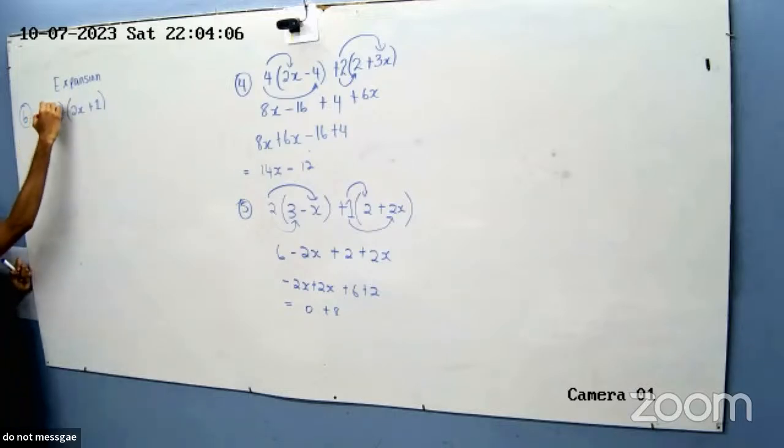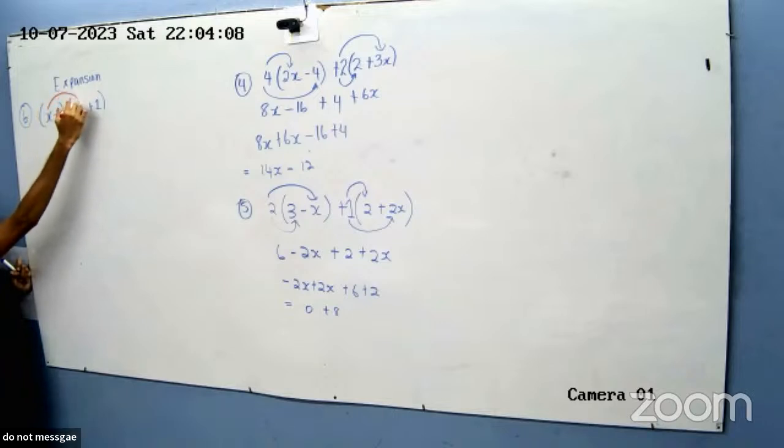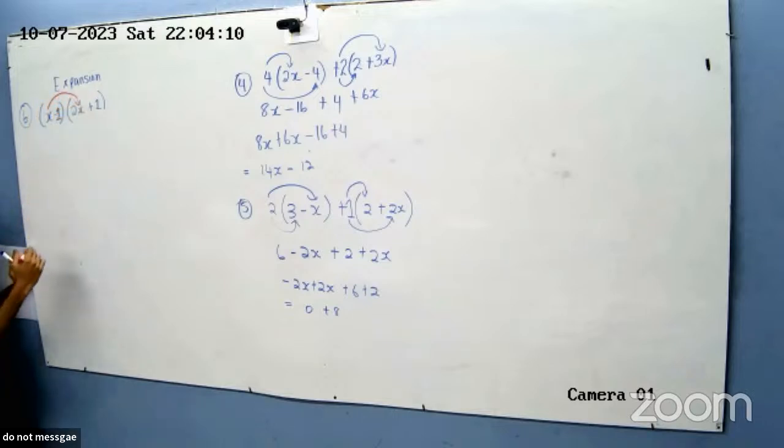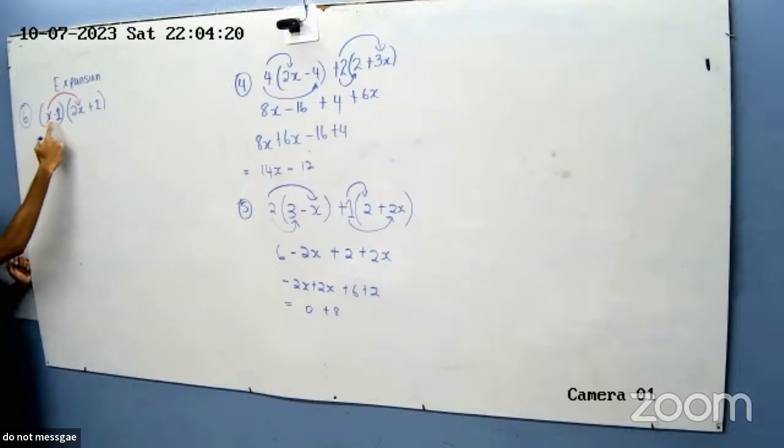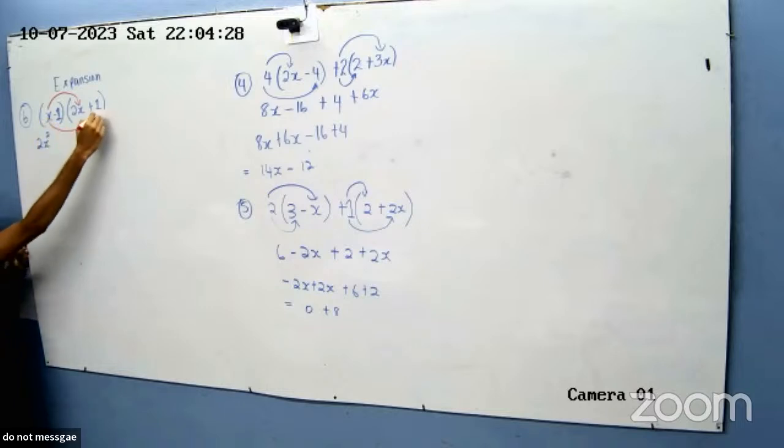What we're doing for this one is x multiplied by 2x will give you 2x squared. Understand how I get the x squared? Then you take the same x value and multiply it by 1.